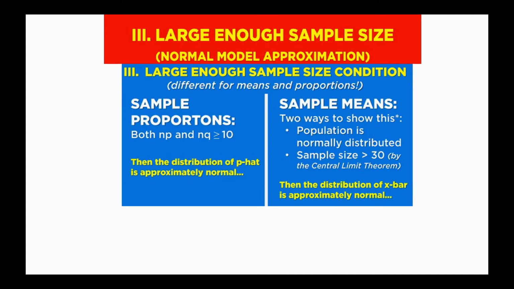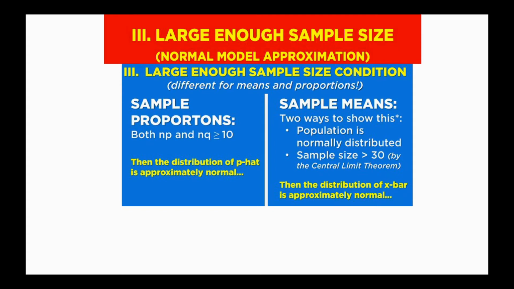So n times p, the number in your sample times the proportion they gave us. If I multiply those together and that's bigger than 10, we're good. Then n times 1 minus p. Whatever number you got here, subtract it from 1. If I multiply those two numbers, is that also bigger than 10? If that's true, then our sample size is big enough.